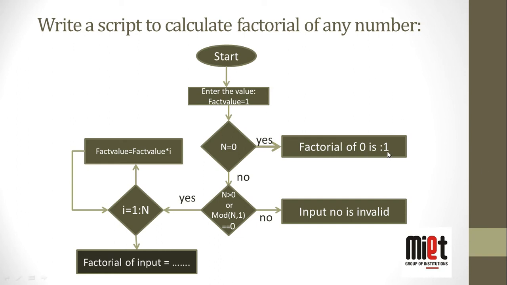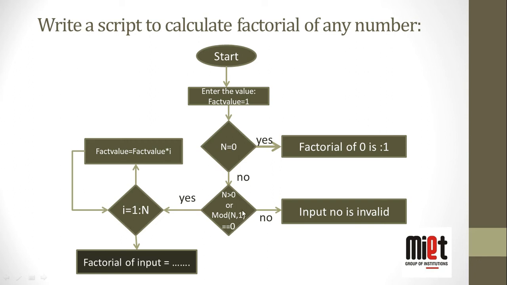And if the condition is not true, either the value of n is greater than 0 or less than 0. So again I need to check a condition: if the value of n is greater than 0 and the value is an integer. How can I check whether the value is an integer or not? There is a command, mod(n,1) equal to 0.